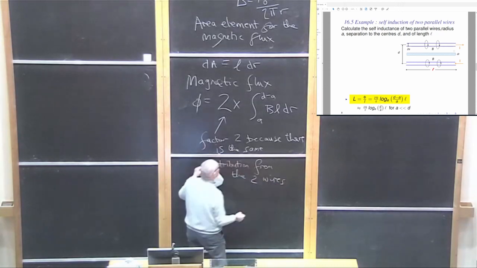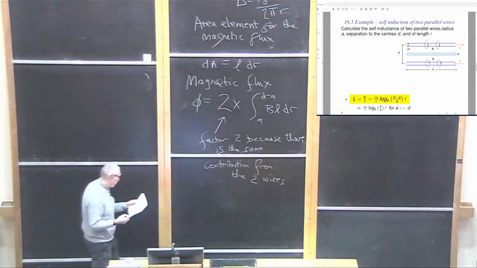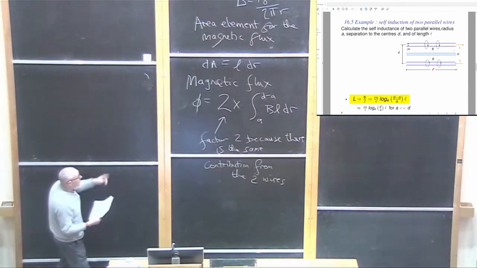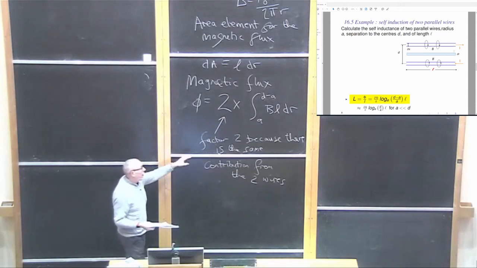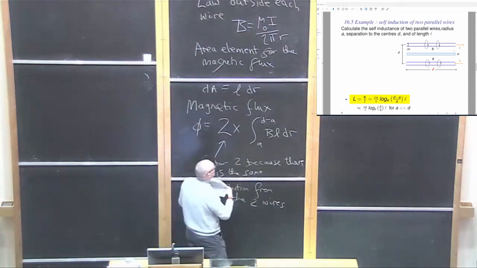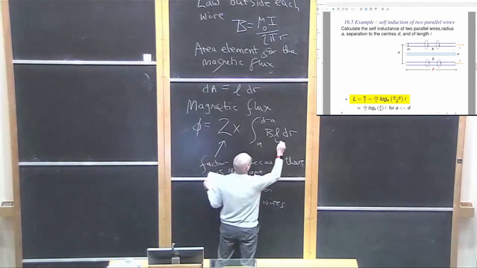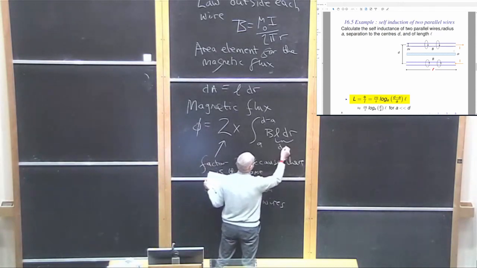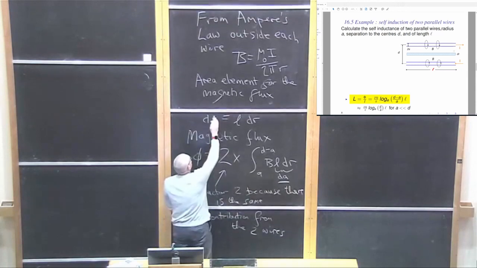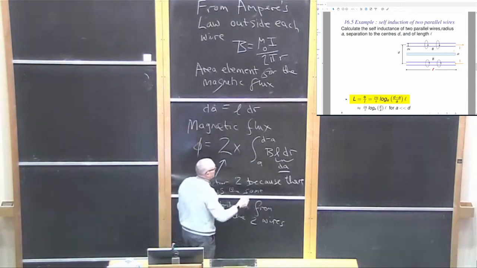I hope you can see that the contribution will just be equal from them, and the integral is the same from either wire. Okay, so that's the factor of 2. This here, of course, L dr is the area dA, and sorry, I'll call it little a for consistency.